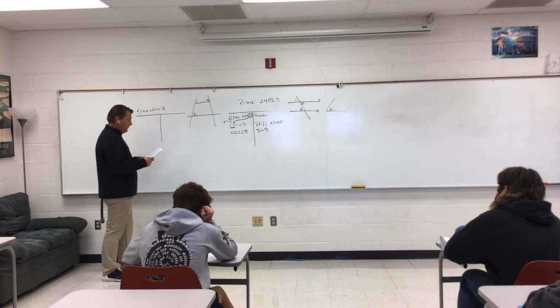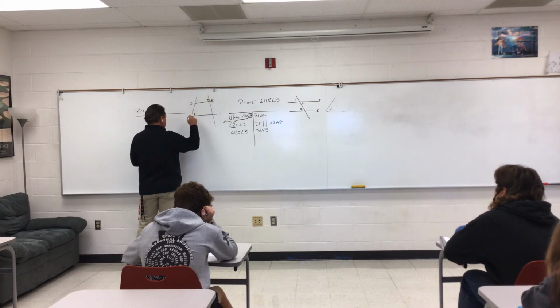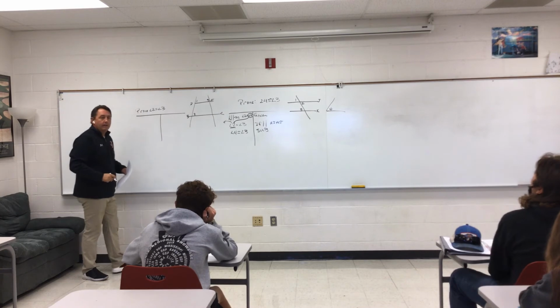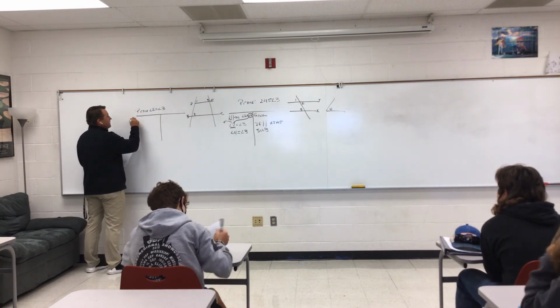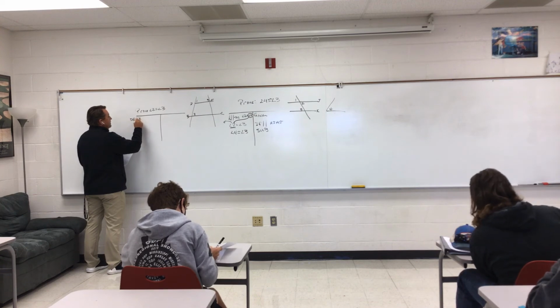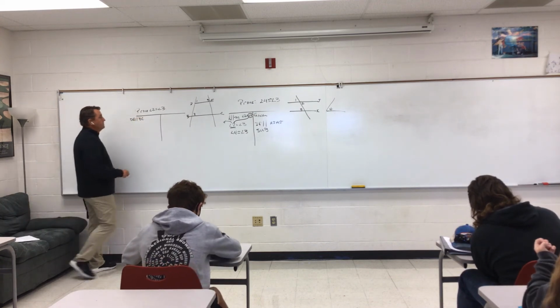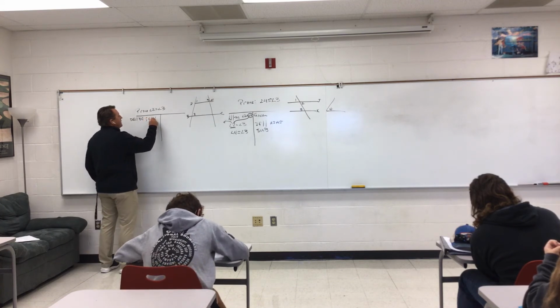Now, they're going to give us some information. What do they tell us about DE and BC? They're parallel, right? Let's write that in our given. So we know that DE is parallel to BC. They also tell us that angle 1 is equal to angle 3.